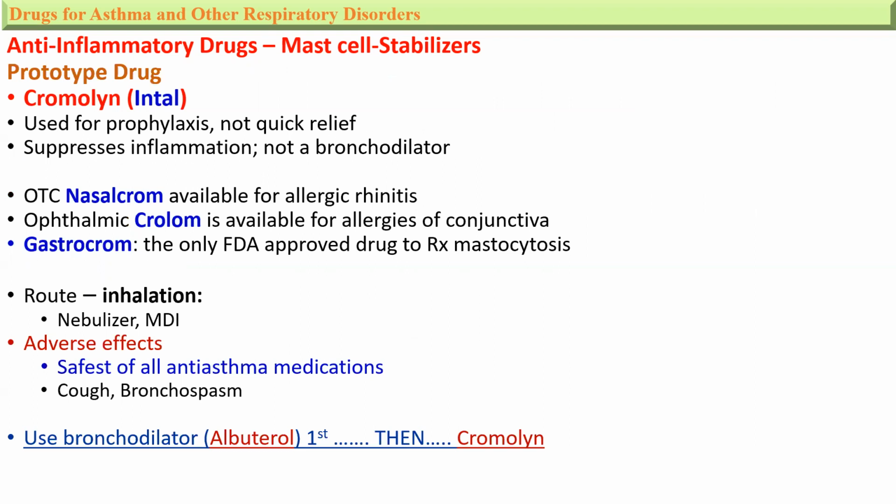So cromolyn is used for prophylaxis, not quick relief, not for acute attack; it suppresses inflammation and is not a bronchodilator. It's effective in exercise-induced asthma when used 10 to 20 minutes before exercise.